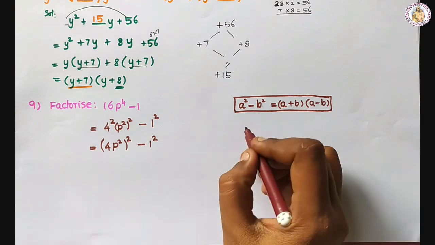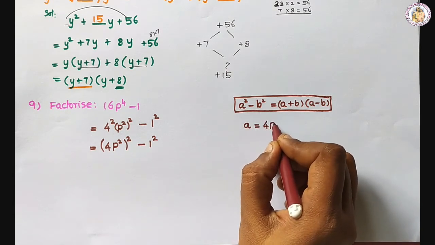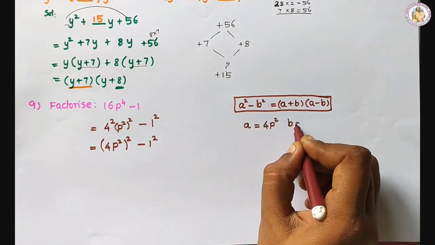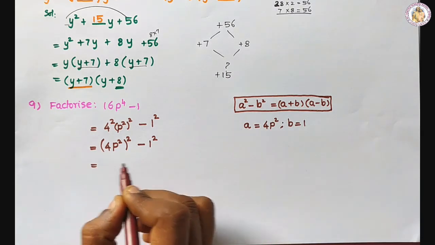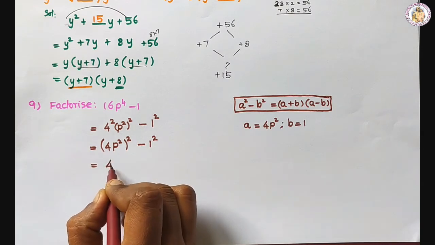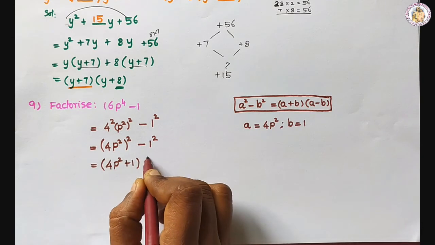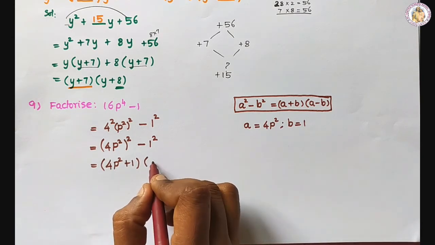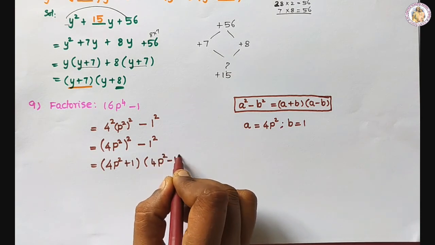Here a equal to 4p squared and b equal to 1. Apply this one, a plus b, that is 4p squared plus 1 into a minus b, that is 4p squared minus 1.